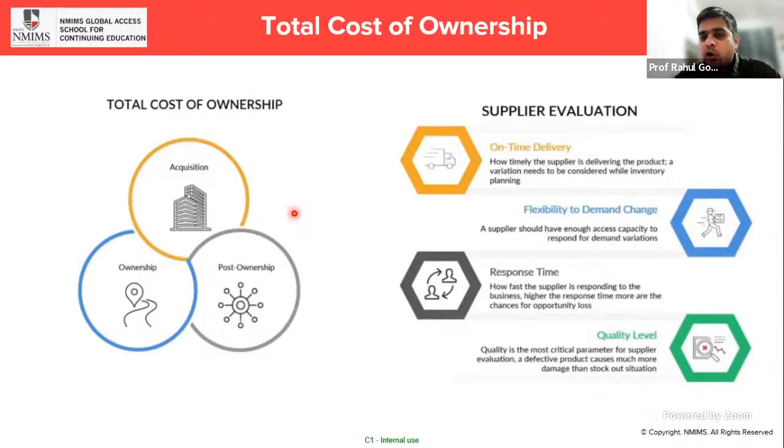Like I said, cost is not the only factor which should be looked at. Consider the kind of services: on-time delivery, the flexibility a supplier can provide in terms of accepting a change request, additional demand or rationalizing the demand, how agile and quick the supplier is in responding to your demand side, and the quality level of the products the supplier is providing.